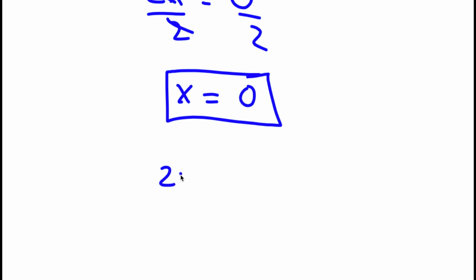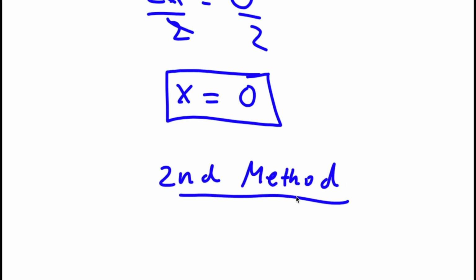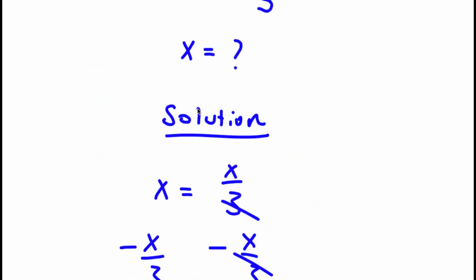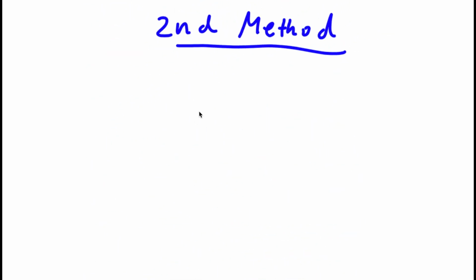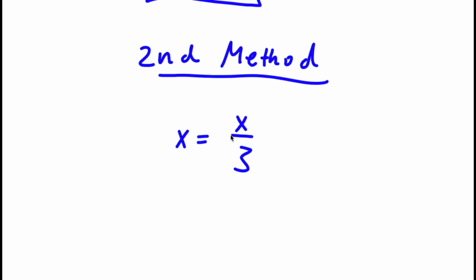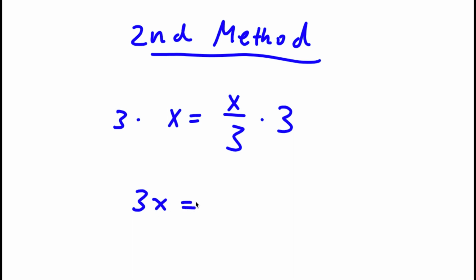So now the second method of actually solving this problem, my original problem was x equals x over 3. So this time, instead of subtracting x over 3 on both sides, I'm simply just going to multiply both sides by 3. So now I have 3 times x is equal to x over 3 times 3. 3 times x is simply 3x, and x over 3 times 3, these two 3's cancel out, so I'll simply be left with x.